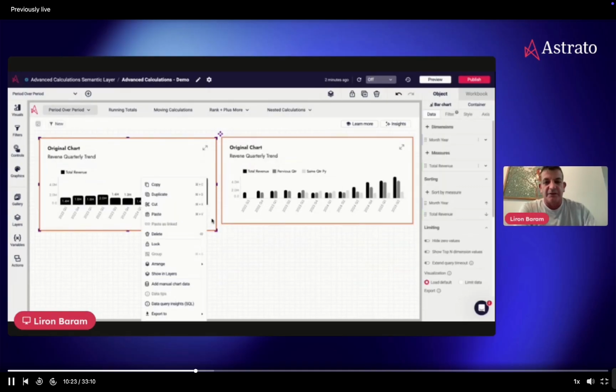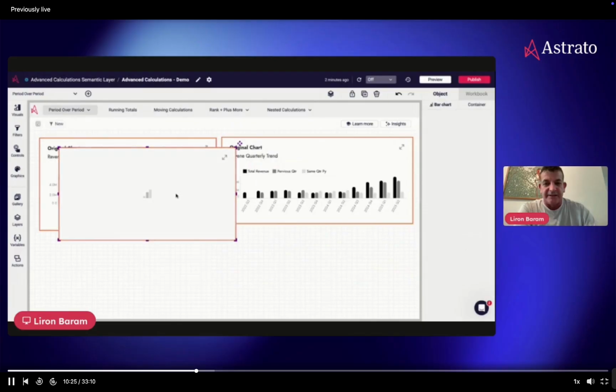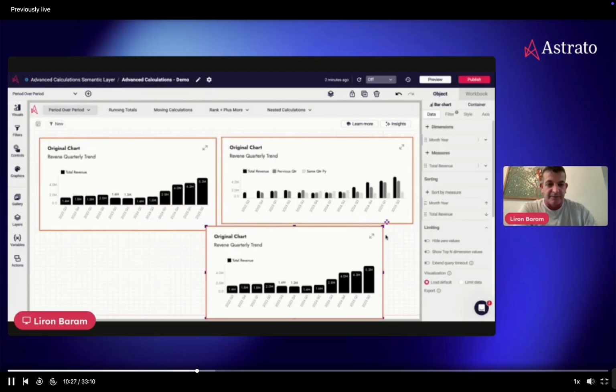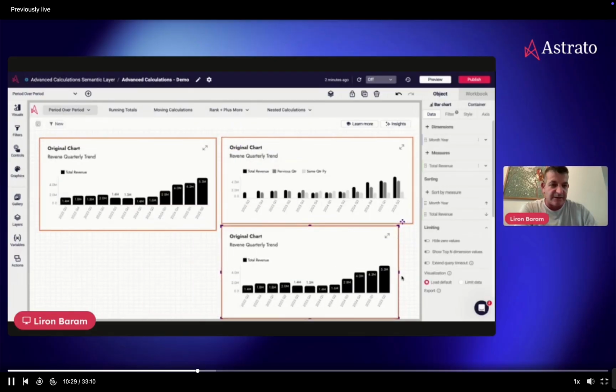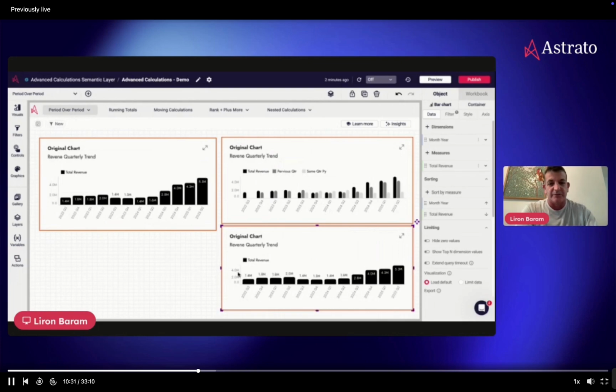But this is not the only analysis that we can perform on period over period. Another very common one is to create a chart of quarter over quarter, where we want to see the growth between quarters.